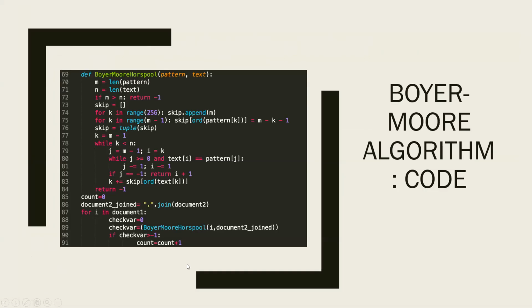And then the complexity in the worst case for Boyer-Moore would be O of mn, where m would be the length of the pattern and n would be the length of the text, and the average time taken for computing would be O of n. Ideally, this Boyer-Moore algorithm is used in a lot of applications such as autocorrectors, big data, and search bars.